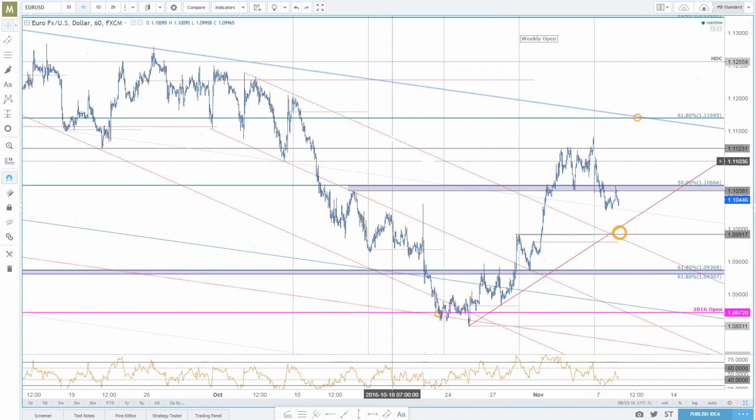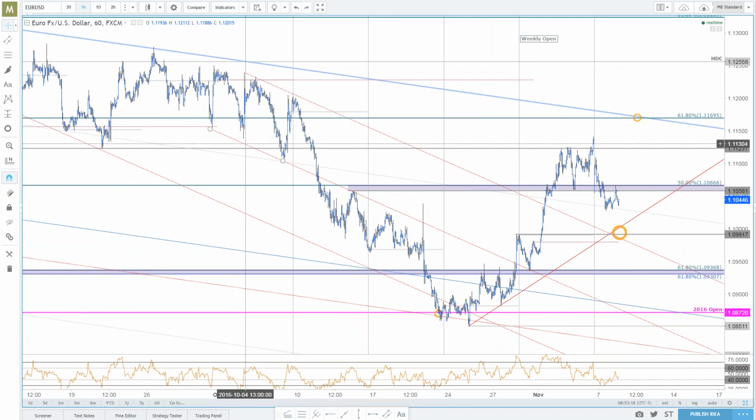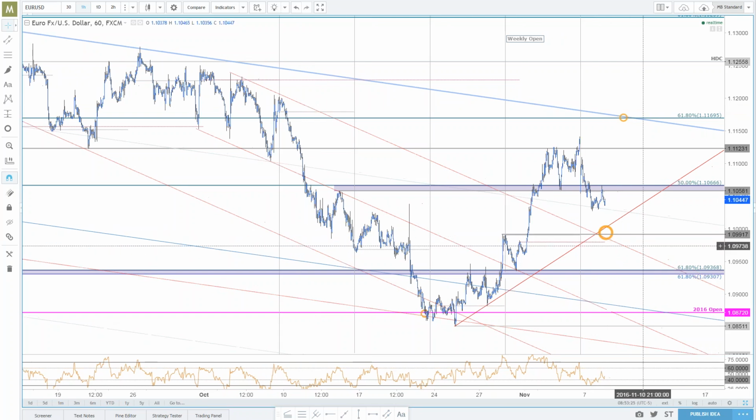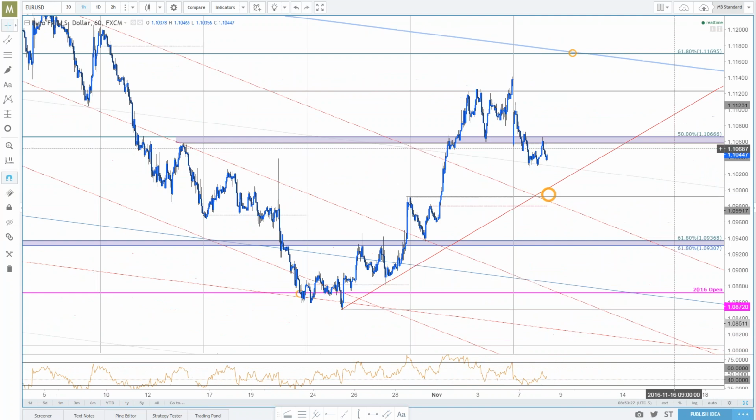Also note that former channel resistance for these parallels that we were following for over a month also coincides in that same region. So look for a possible stab lower in Euro.